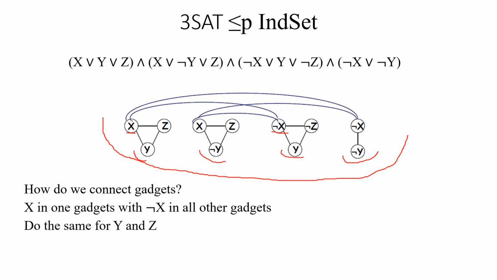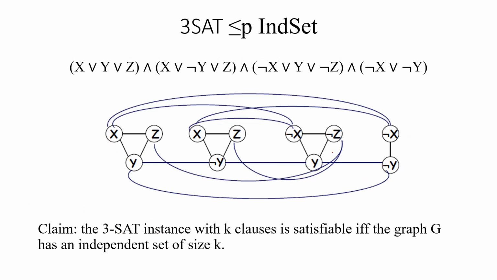So we connect x with this x and with this negation of x, and we do the same thing for the literals y and z. Here we did the same thing, and we claim that the 3 SAT instance with k clauses is satisfiable if and only if the graph G has an independent set of size k. So here we showed that we are able to reduce 3 SAT to independent set.